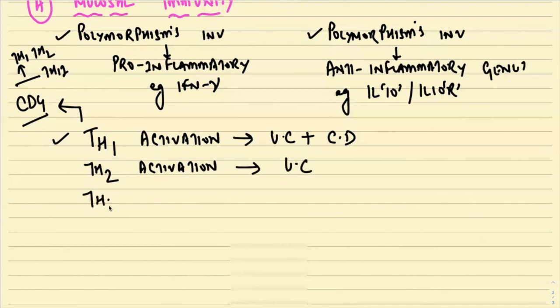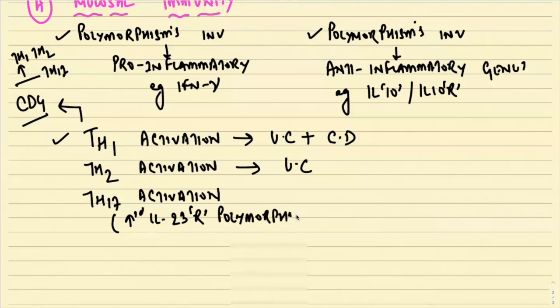Whereas T helper 17 activation occurs because of increased interleukin 23 receptor polymorphism. Polymorphism, as I am repeating again, is a variation of the normal. So this T helper 17 is also seen to be associated with ulcerative colitis and Crohn's disease.